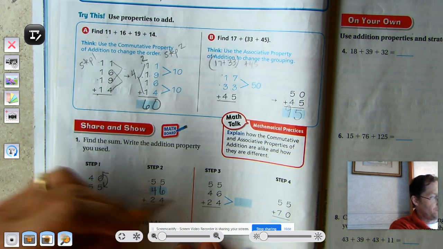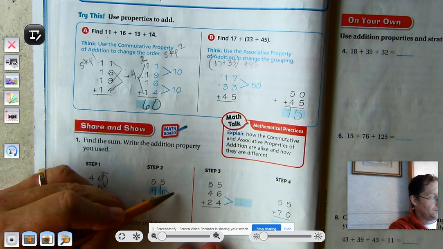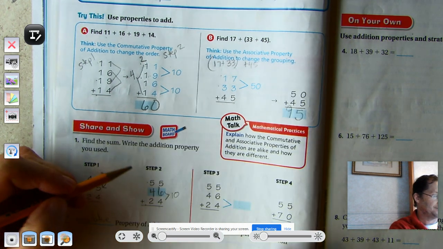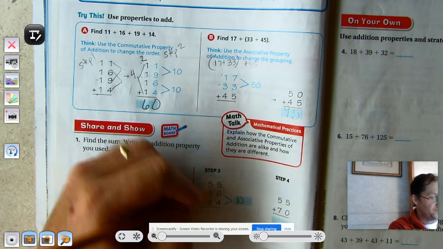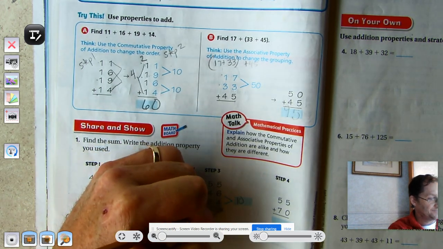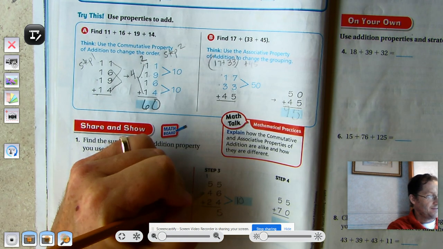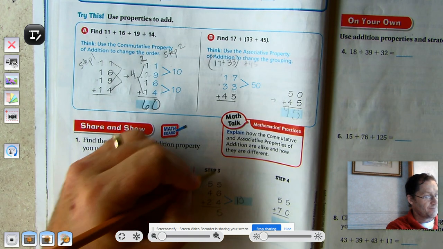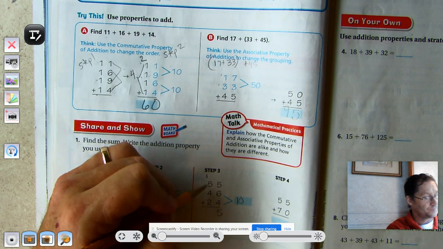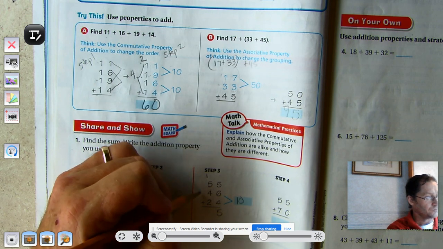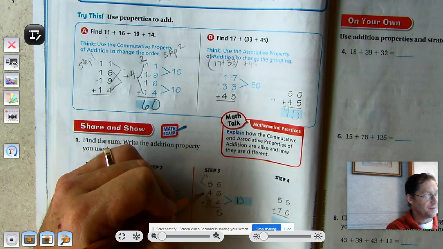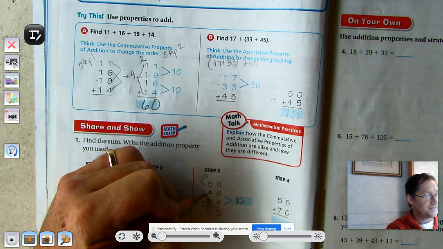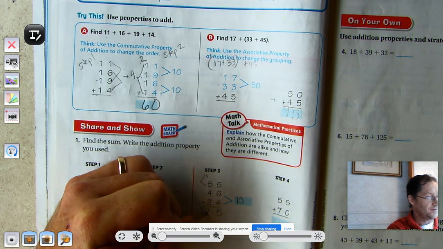So all they did was flip the order. By flipping the order, we can now add 6 and 4. That gives us 10. And 10 and 5 is 15. 5 and 1 is 6. 6 and 4 is 10. 10 plus 2 is 12.